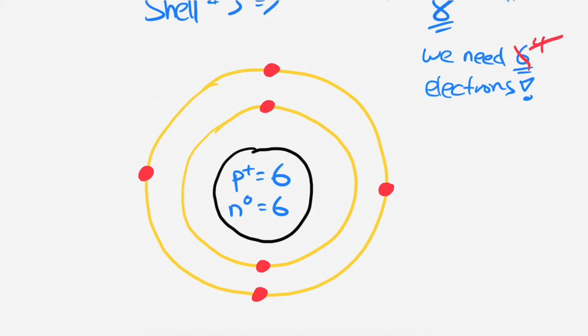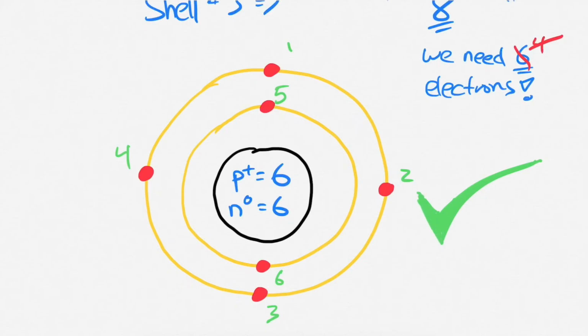Let's count them out here. We have 1, 2, 3, 4, 5, 6 electrons. And we are good to go. Put a little check mark here. Yay! So that's what our Bohr-Rutherford diagram looks like.